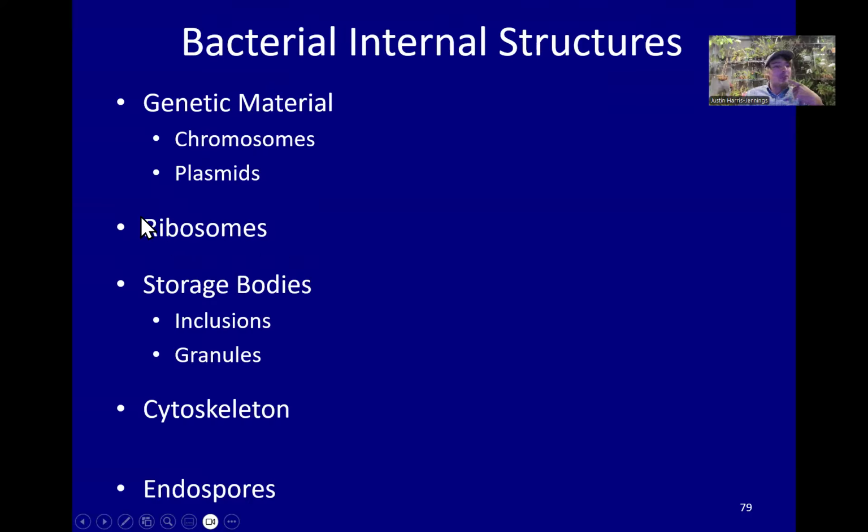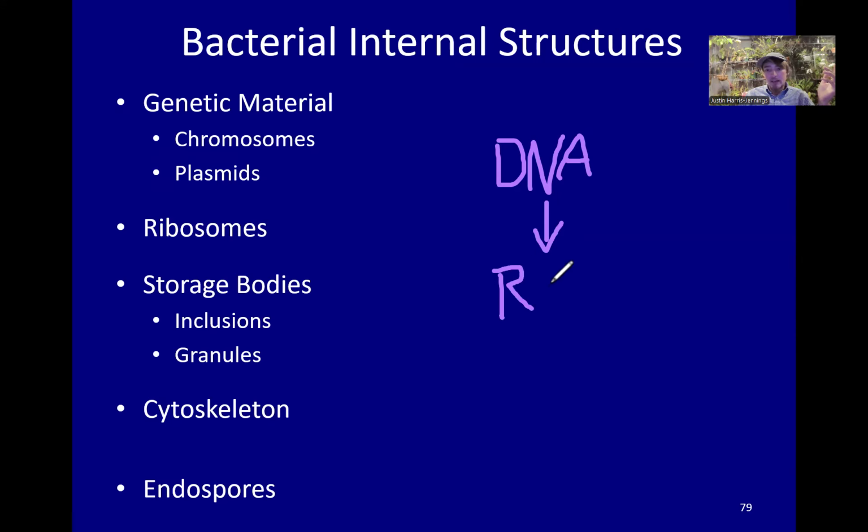You have ribosomes, and ribosomes are to make the proteins that you need, while the genetic material holds the information to make the proteins. So DNA here. I don't know if you guys know this, but it's called the central dogma. This is unit 2. DNA goes to RNA, it goes to protein. It's very important in molecular biology. It will also be very important in unit 2.